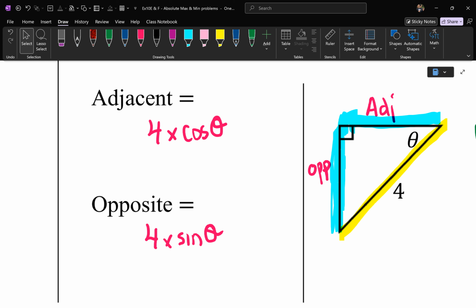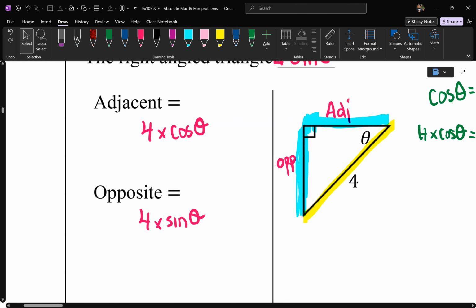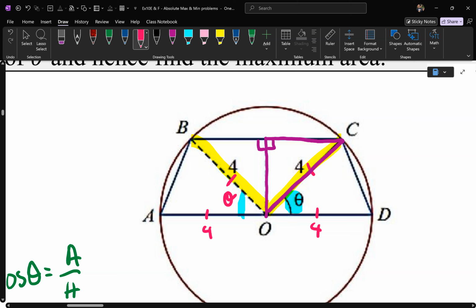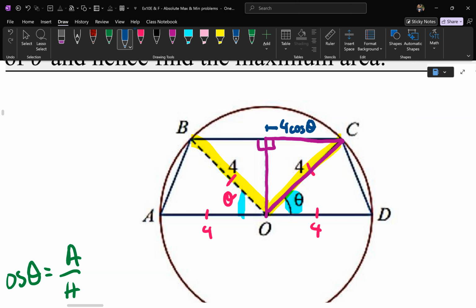How do you find your adjacent? Cos of theta equals adjacent divided by hypotenuse. You rearrange it. Adjacent will equal 4 times cos theta. So I can already say now in this diagram, this is 4 cos theta from here to here. That also means this is also 4 cos theta.